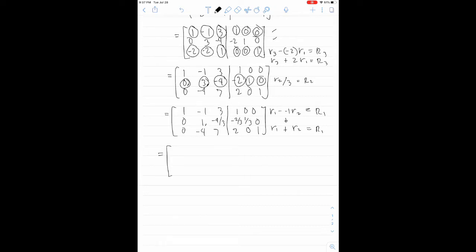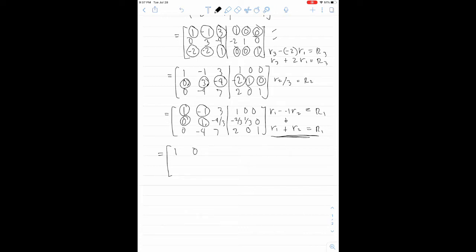Since kani man ang mausab, kaning first row, so kani gamit ni na formula. R sub 1 plus r sub 2 is just 1. Diba? 1 plus 0 is 1. Negative 1 plus r sub 2, which is 1, is just 0.